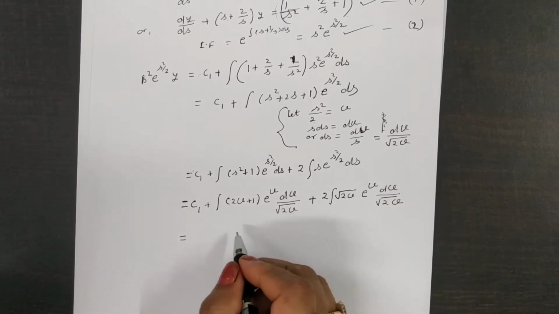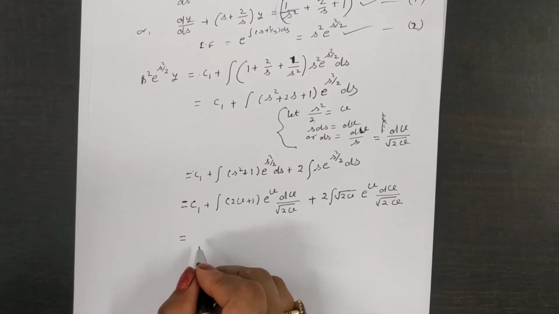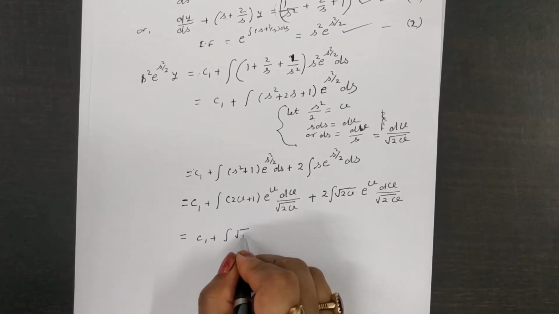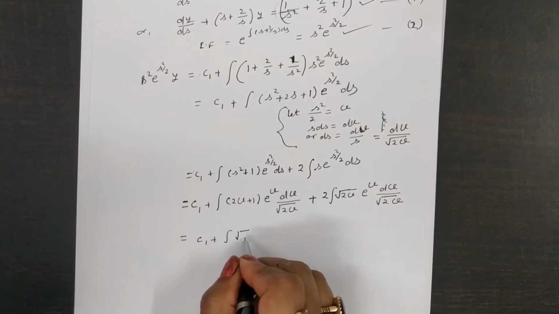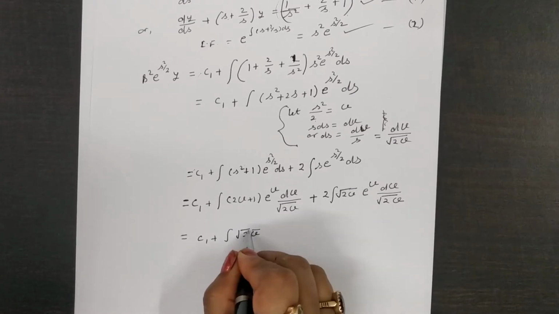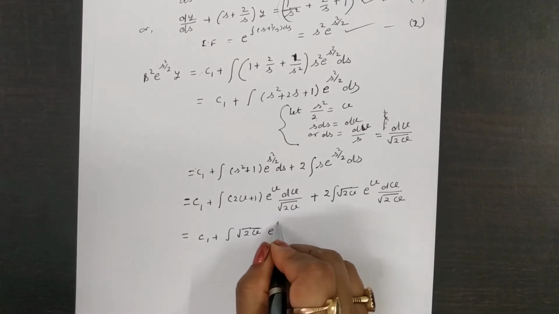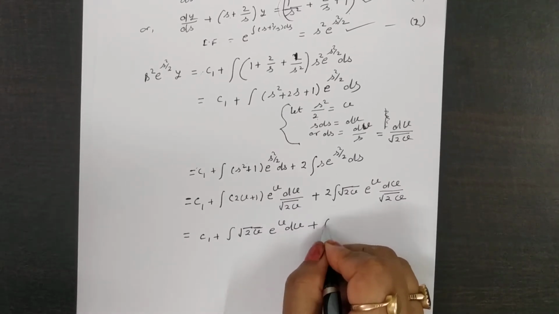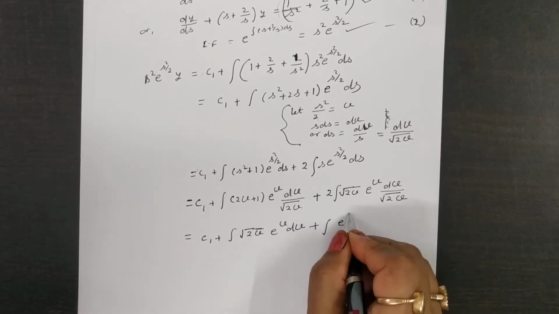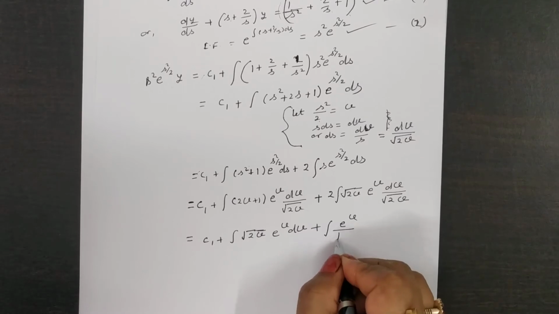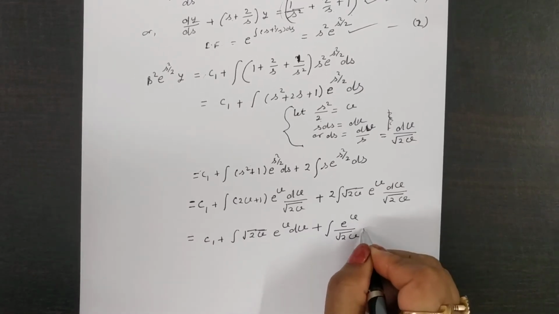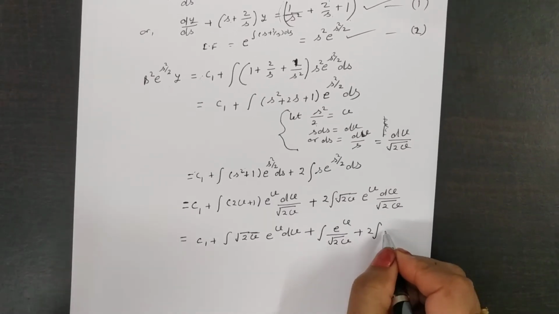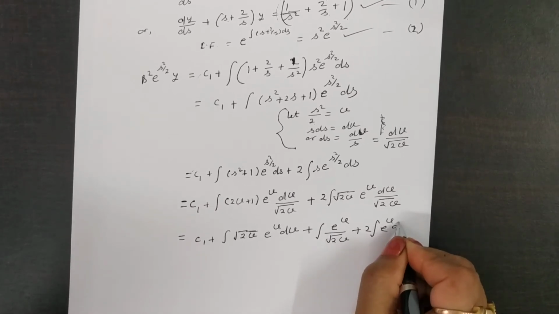Now this is again equal to, solving this integration you can solve, and now you get this one: c1 plus integral of under root 2v e to the power v dv plus integral of e to the power v divided by under root 2v plus 2 integral of e to the power v dv.